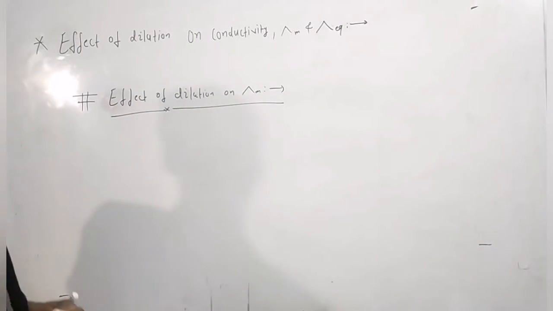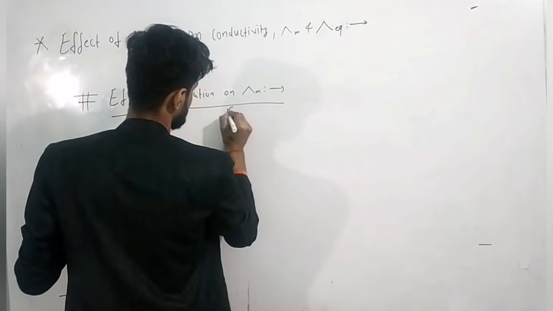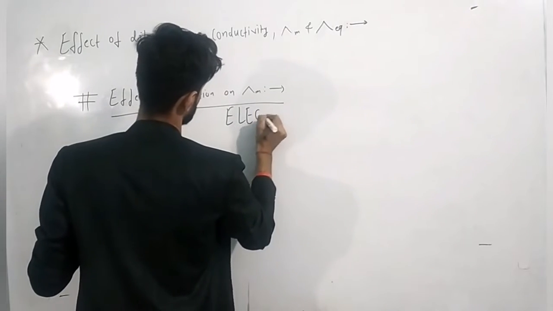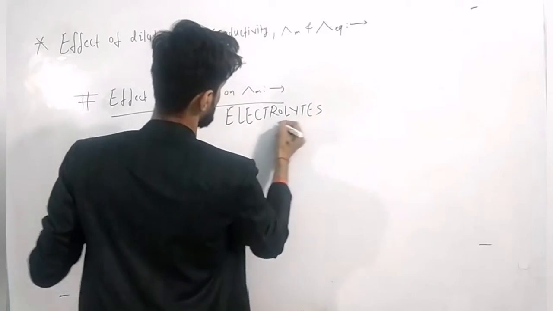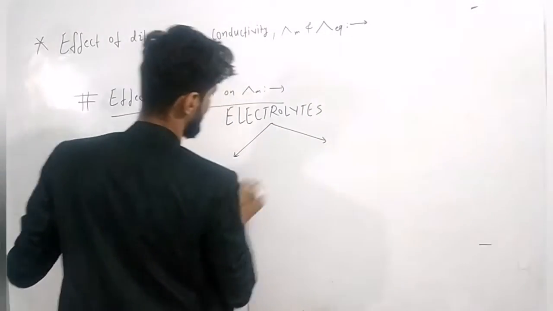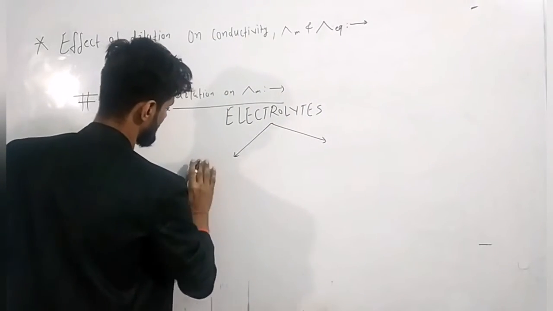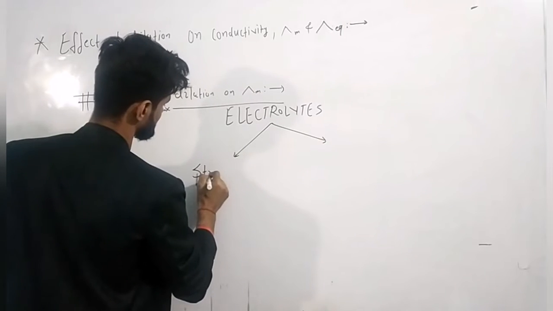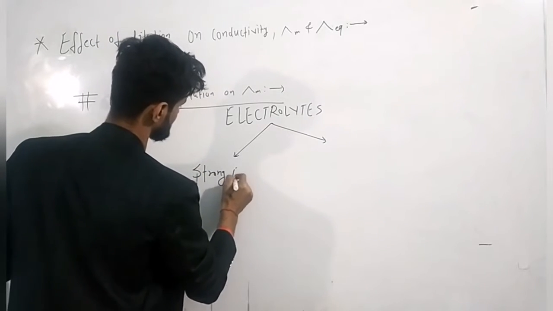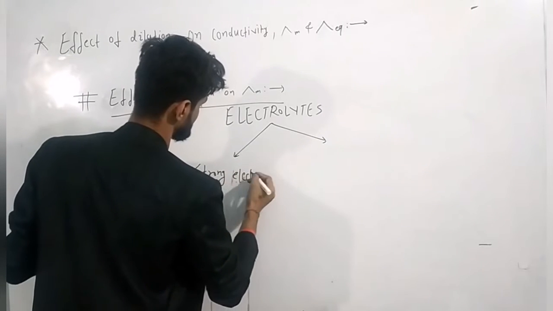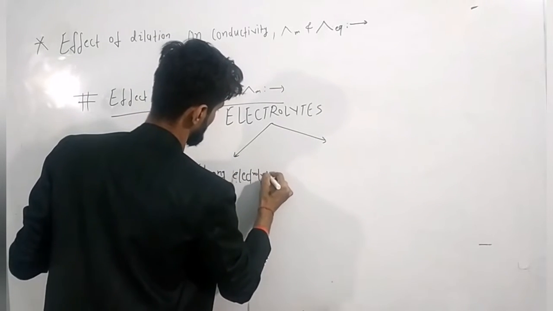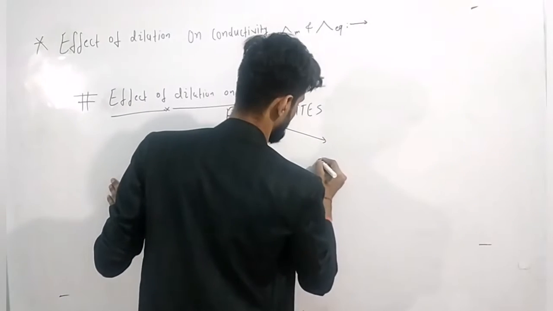In electrochemistry, we have to discuss electrolytes, and already I have classified the electrolytes into two parts. First is a strong electrolyte, and the second major part was weak electrolyte.